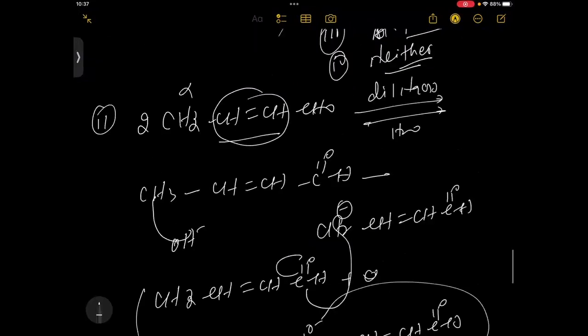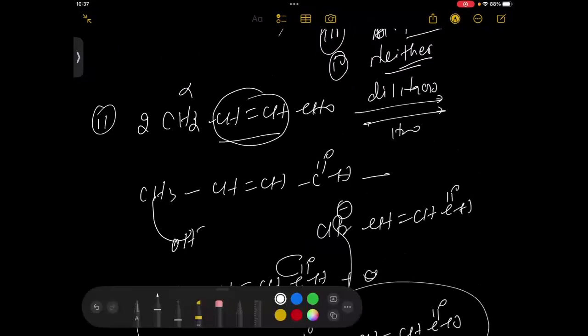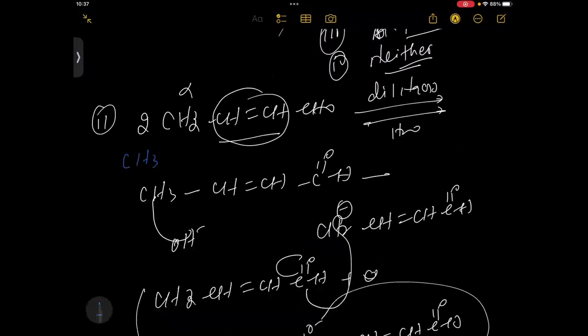How to write this simply? See, that is the CH3, CH double bond CH, C double bond OH, plus exactly repeat it, H2C, CH double bond CH, CHO, and H2O will be removed, directly generating the product.